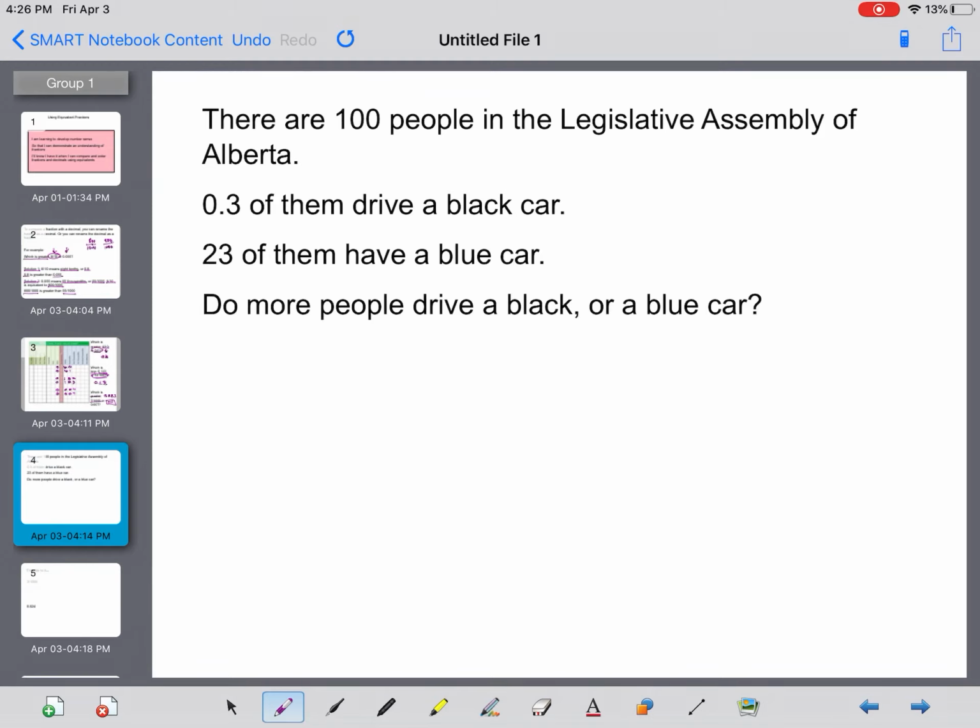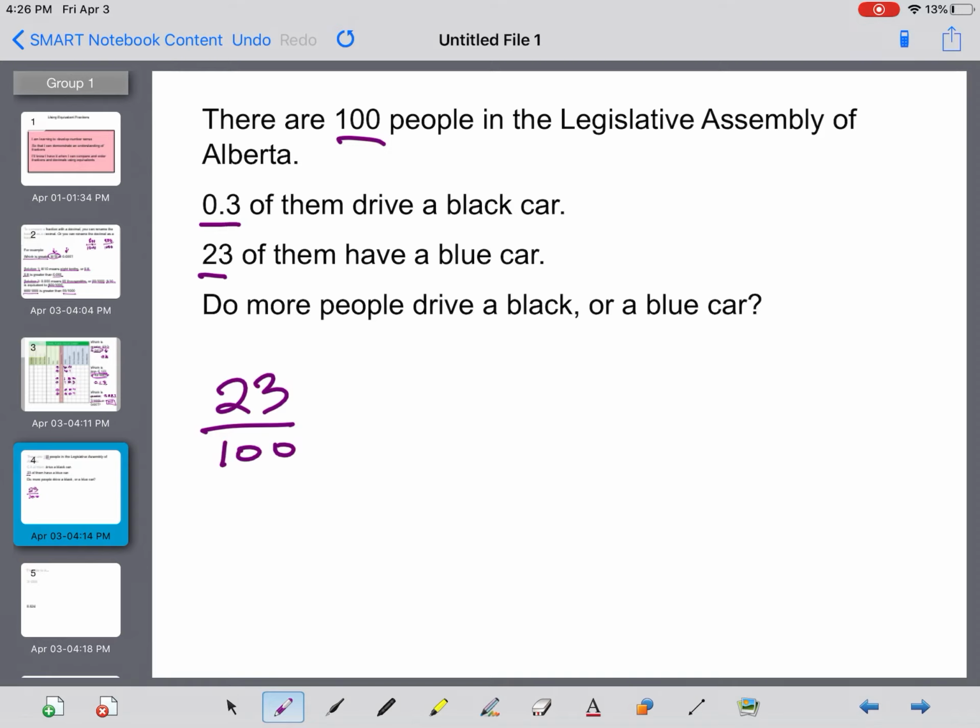So if we were to talk about a word problem here, there are 100 people in the Legislative Assembly of Alberta. 3/10 of them drive a black car and 23 of them have a blue car. Do more people drive a black car or a blue car? So this one I'm going to turn into fractions. I know that 23 out of the 100 people drive a blue car, so I'm going to write the fraction 23 over 100.